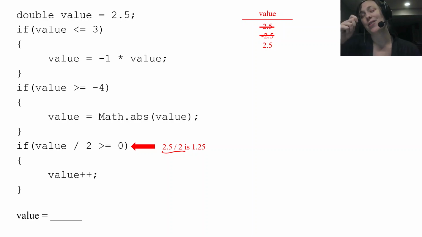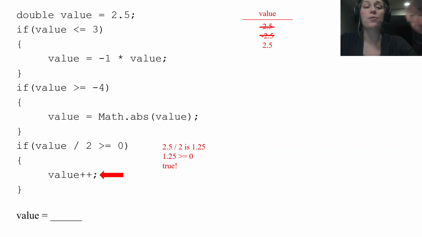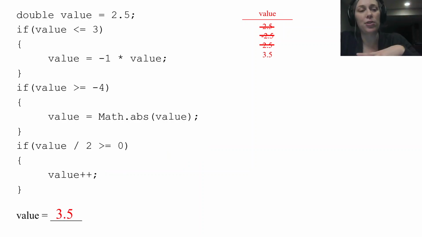So never forget that when you have mixed expressions like that. 2.5 divided by 2 is 1.25. 1.25 is definitely greater than or equal to 0. That's true. So value gets 1 added to it. When you have a double and you have 1 added to it, it's just the same as it always is. 3.5 is now your value. Okay. So just trying to remind you of a couple of small things in there with that example.